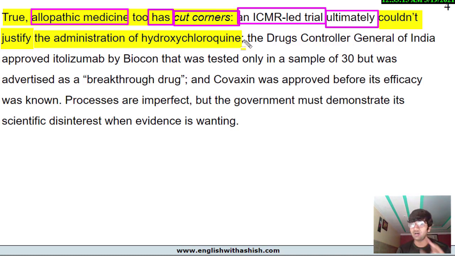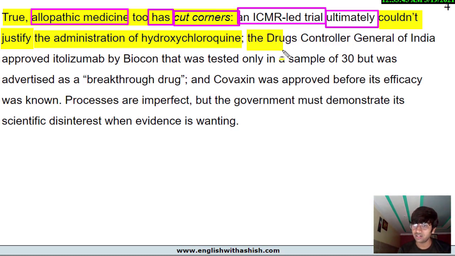Okay. So now again, after this we have a semicolon. Now we use a semicolon when two clauses, two sentences are closely related, right? So this is a complete sentence on its own. Now this part is also going to be a complete sentence, but related to this one. The Drugs Controller General of India approved.